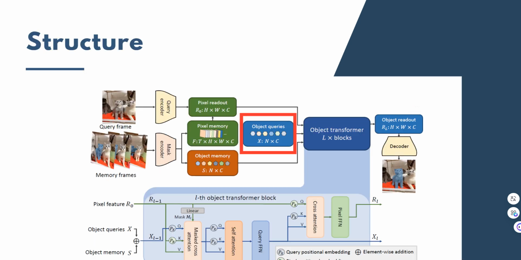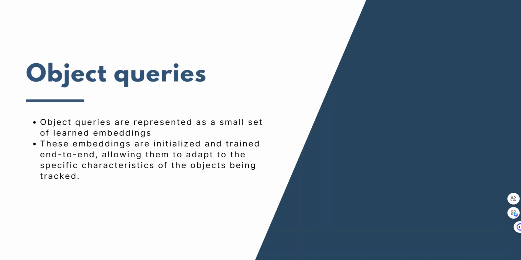Okay, and next is the object queries. It stands for the feature that has been trained based on the object memory, which can use the weight to help the model recognize the specific features.